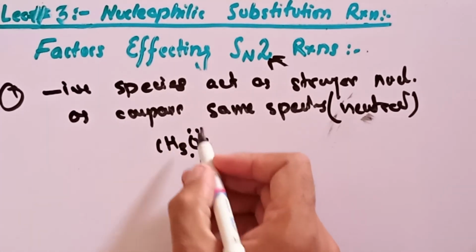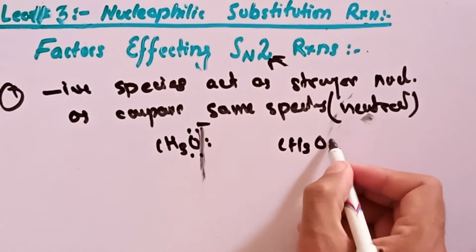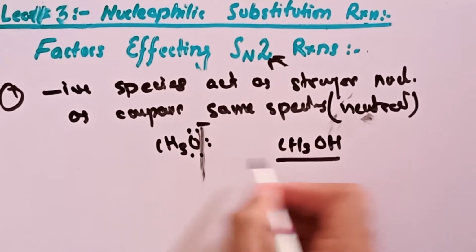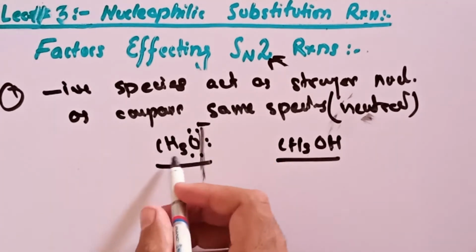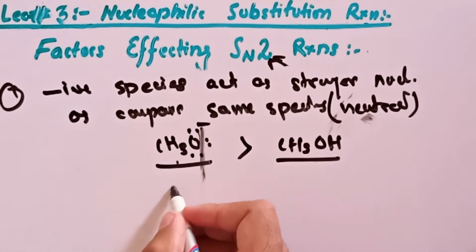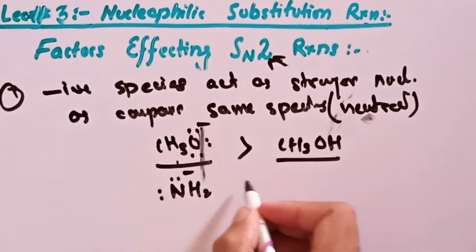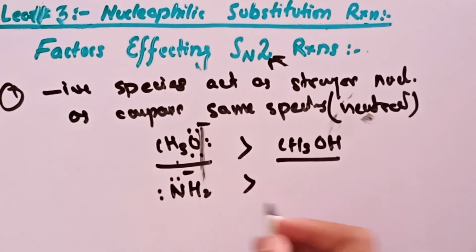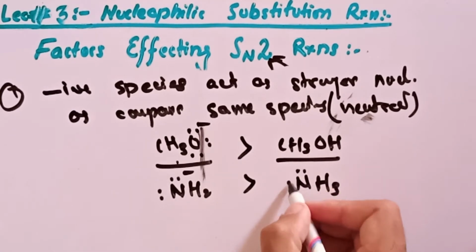It contains 3 lone pairs, while CH3OH is a neutral species and CH3O negative is a negative species. So this species will be a stronger nucleophile than that one, like NH2 negative, which will act as a stronger nucleophile than NH3, which is a neutral nucleophile.